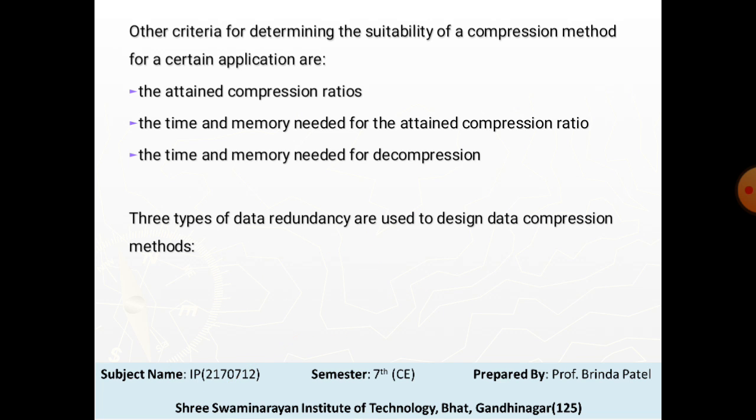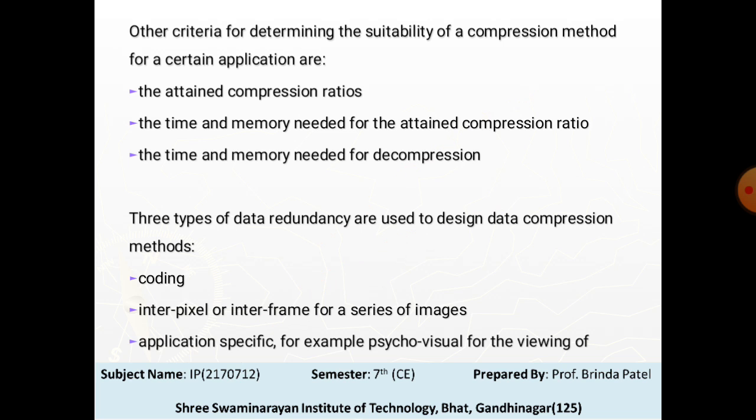And three types of data redundancy are used to design data compression methods, which are coding, interpixel or interframe for a series of images, and application specific, for example psychovisual for viewing of images by people.